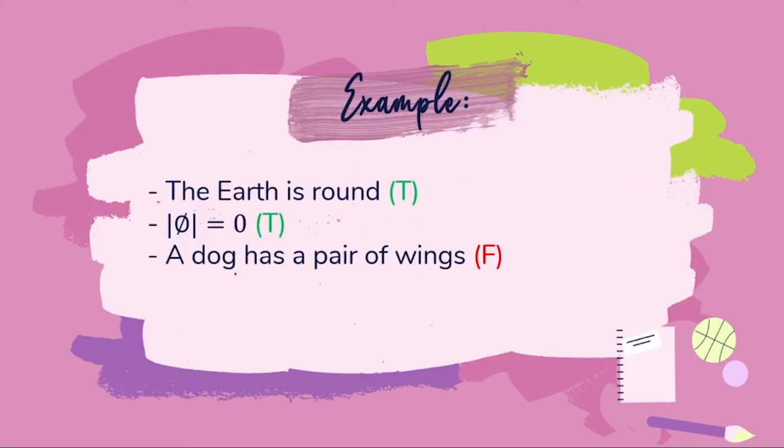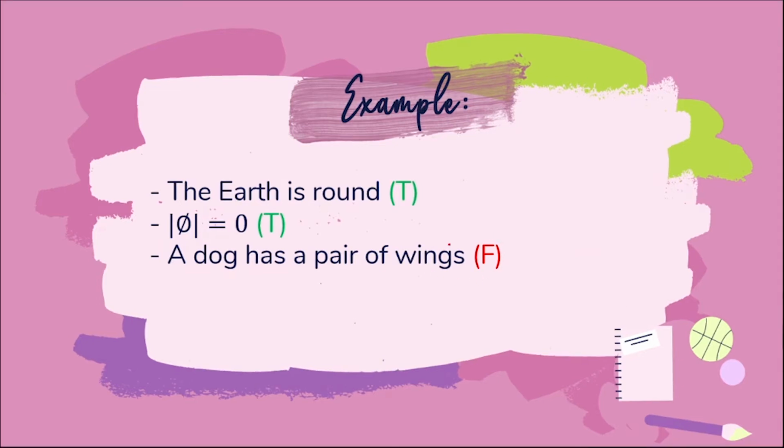Finally, a dog has a pair of wings. There is no dog that has a pair of wings, so this statement is false. But the point isn't whether these statements are true or false, but rather that they are statements, which means they are in propositional logic.